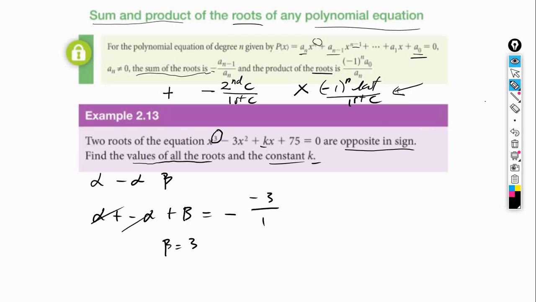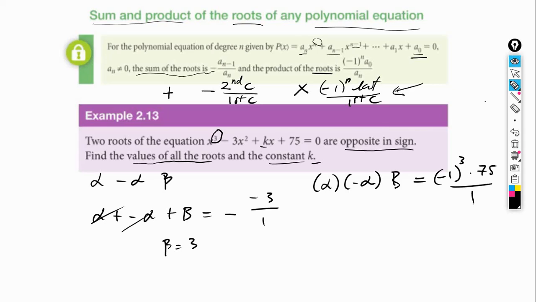So that means that alpha times negative alpha times beta should equal minus 1 to the power of the degree of the polynomial, which is 3, times the last coefficient, which is 75, divided by the first coefficient, which is 1 again.